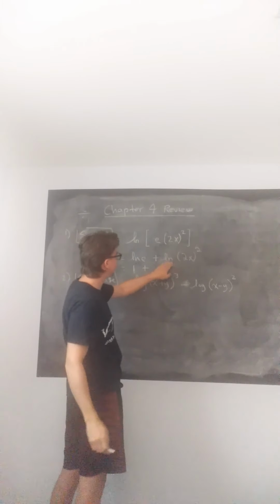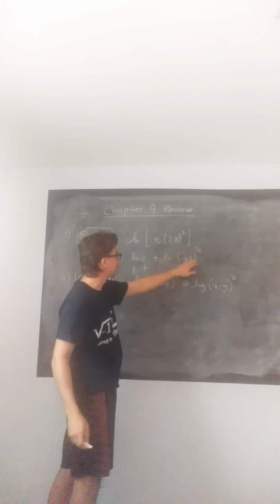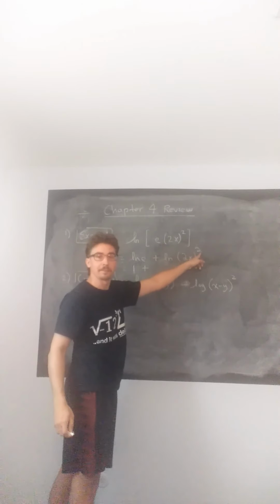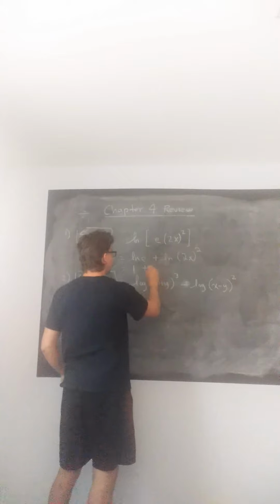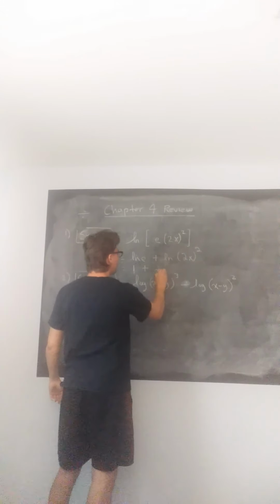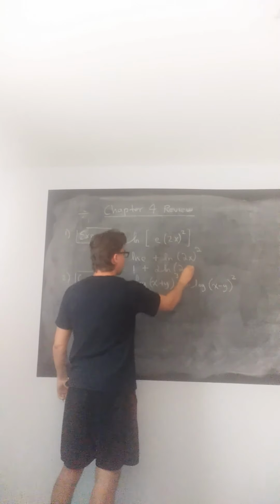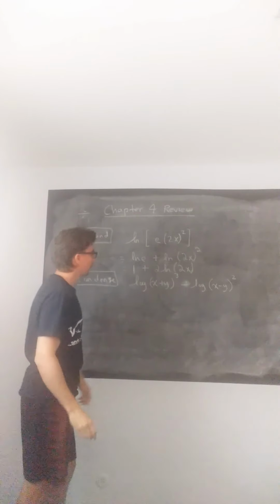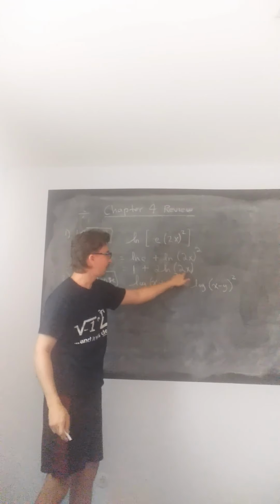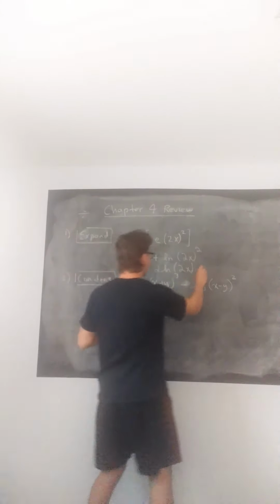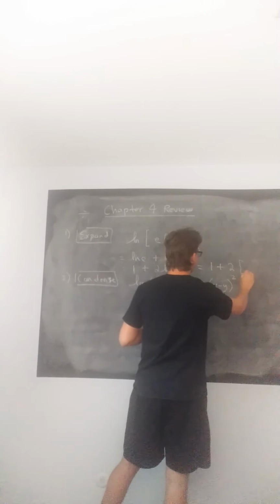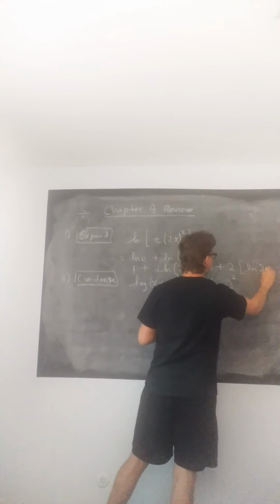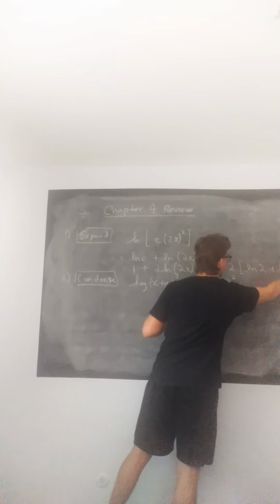Now this expression here, ln of 2x squared, this is raised up to a power. So we use the power rule to bring this down in front. So this is going to be plus 2 ln of 2x. And then of course this is multiplication here, so we're going to add these. So our final answer is going to be 1 plus 2 times the ln of 2 plus the ln of x.